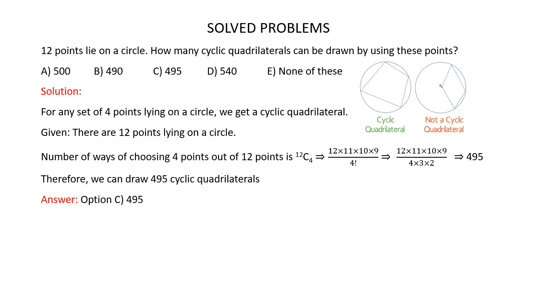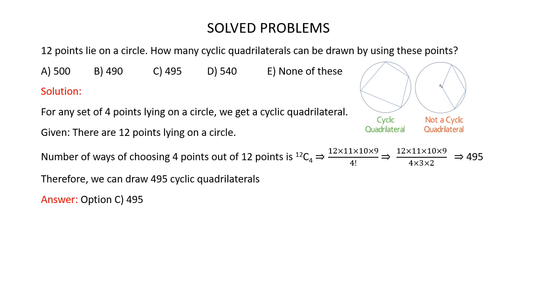So we have to select 4 points from these 12 points. Now the number of ways of choosing 4 points out of 12 points is given by 12C4. Now 12C4 is nothing but 12 multiplied by 11 multiplied by 10 multiplied by 9 divided by 4 factorial. 4 factorial is 4 multiplied by 3 multiplied by 2 multiplied by 1.